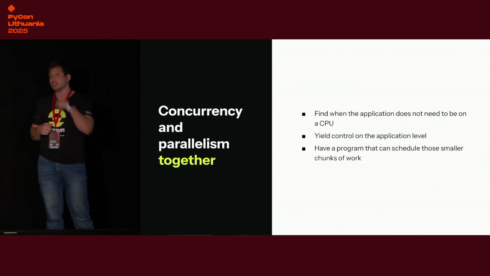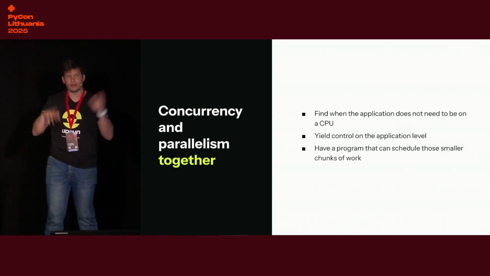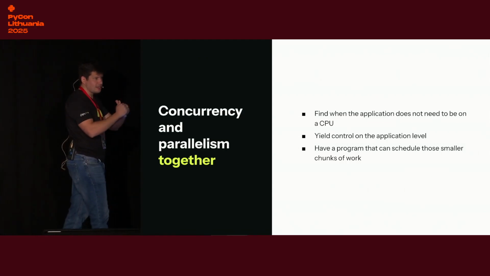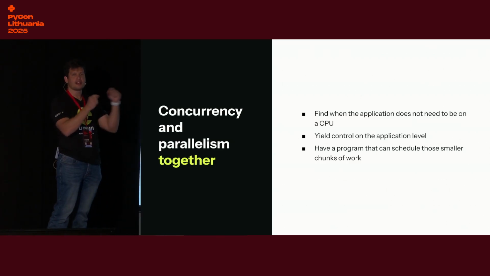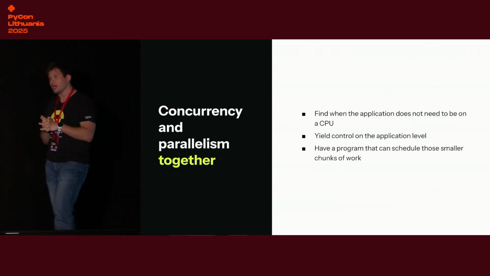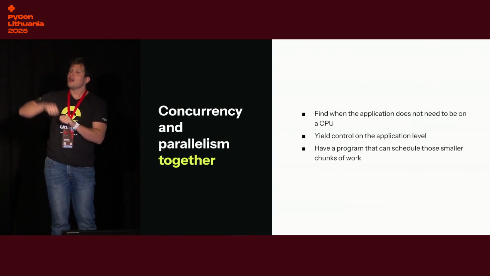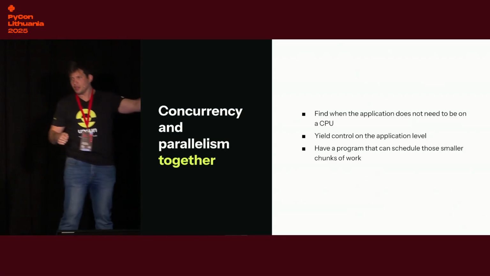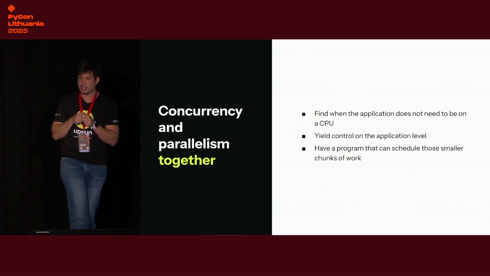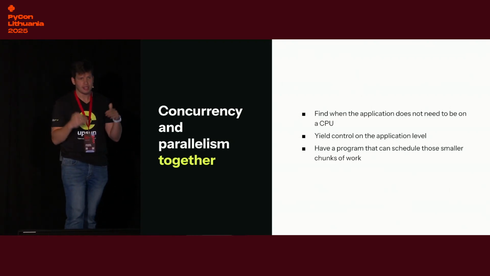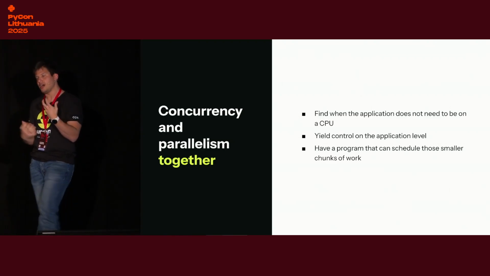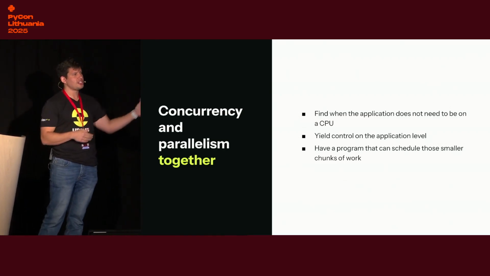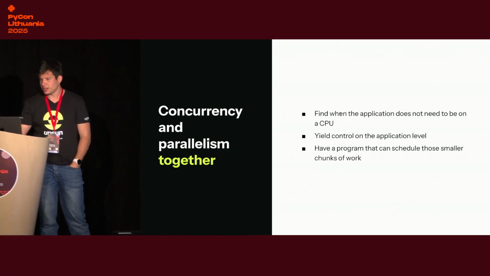So let's say that I do a database query, an API call, and push my logs to a server. All those things, if we annotate our code in a wise way, we can say for those moments, okay, now I'm going to go to the database. For that time, you can run something else instead of me. And when the database results come back, then I can continue running. So this is how we can use concurrency to make our applications that are not running on the CPU and have hardware interrupts run smoother and faster.